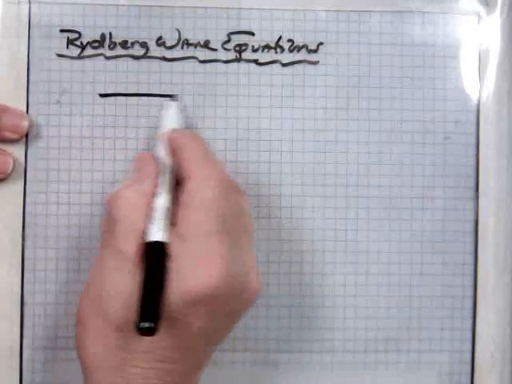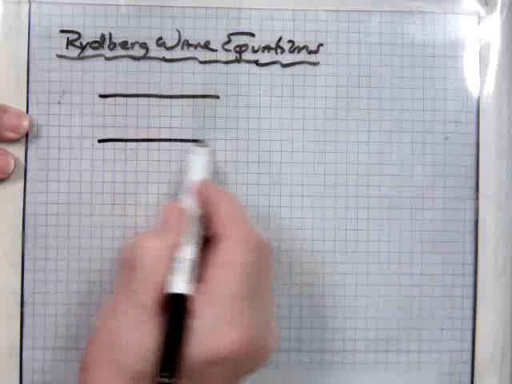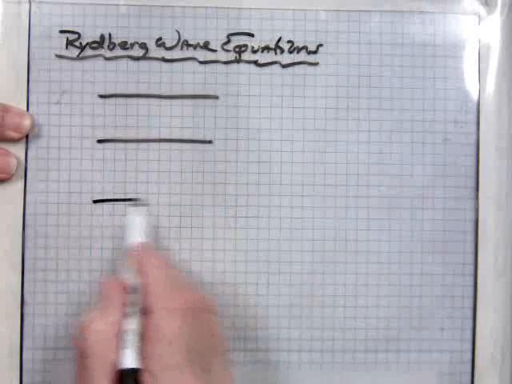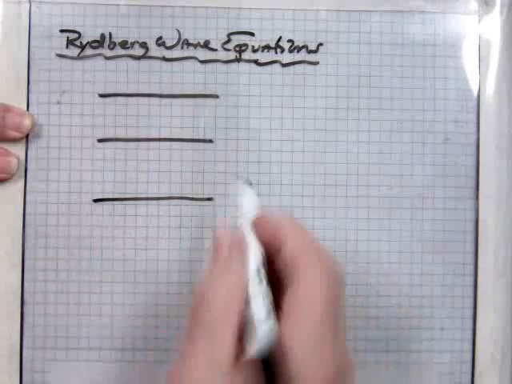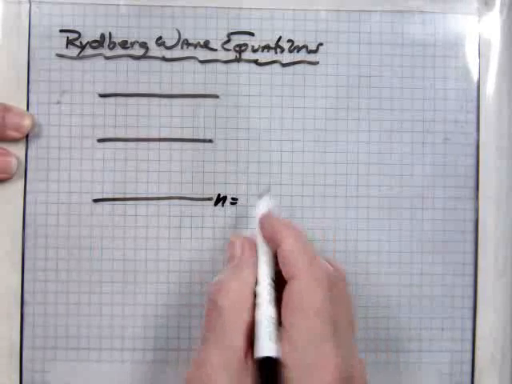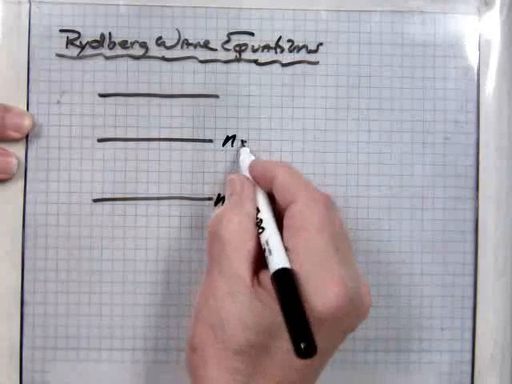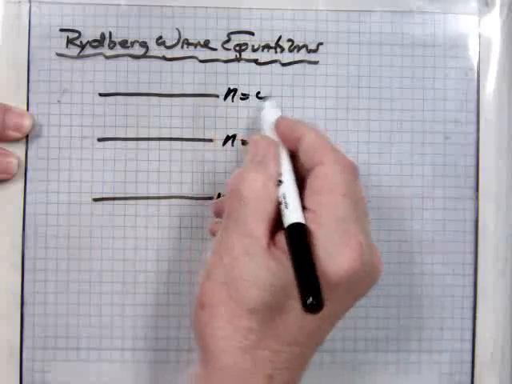When an electron is in a given energy level, say n equals 2, n equals 3, and n equals 4.